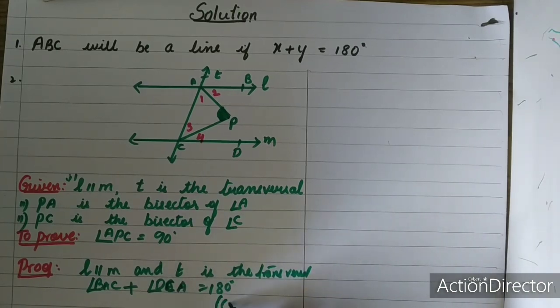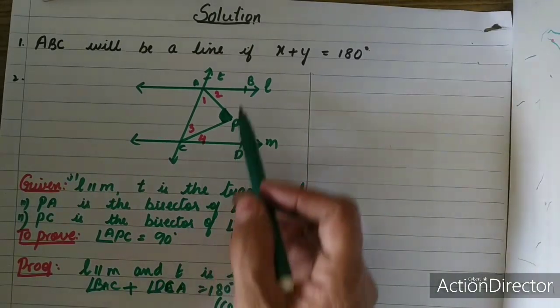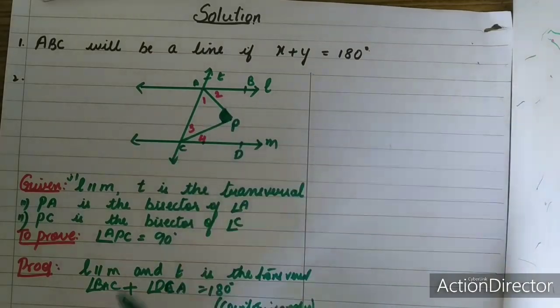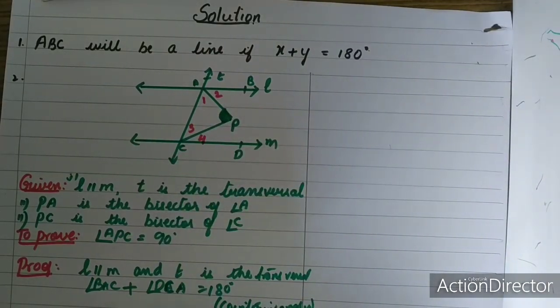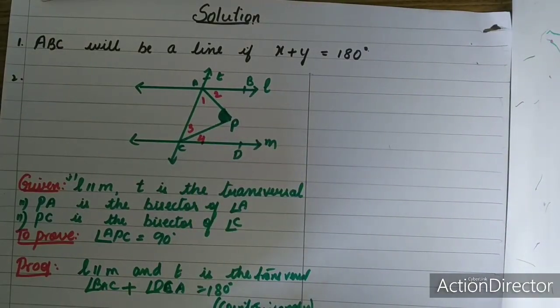In bracket you write co-interior angles. How can you name angle BAC? Angle BAC can be named as angle 1 plus angle 2. Angle DCA can be named as angle 3 plus angle 4 is equal to 180 degree.